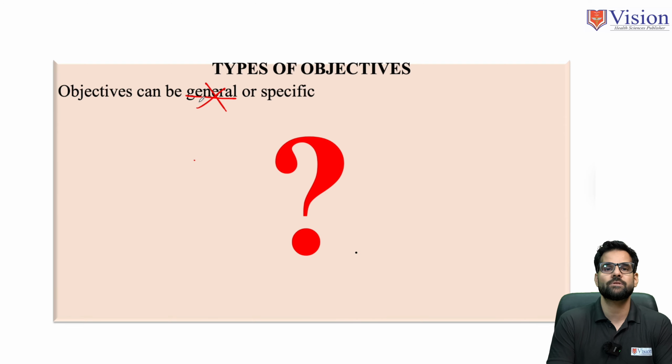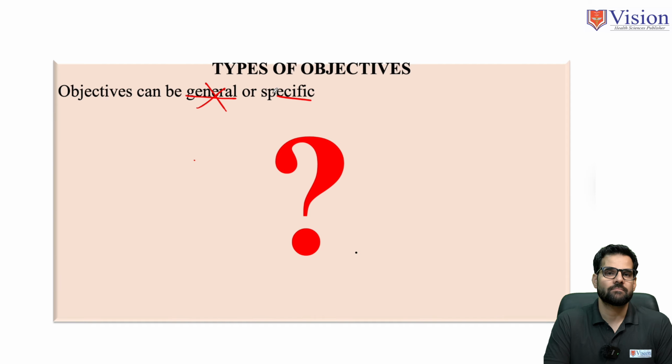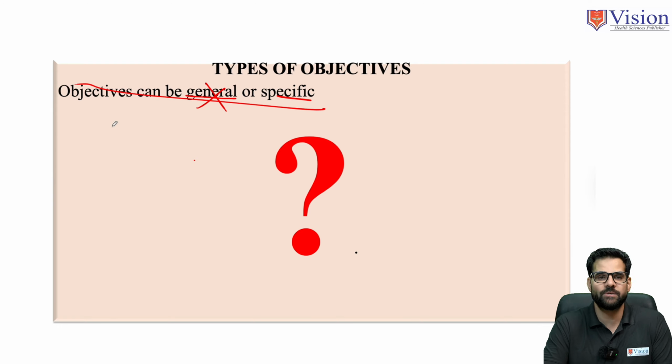An objective is never general, because the very feature of an objective is that it should be specific, attainable, measurable, and relevant. So if something is very specific, then you cannot make it a general objective. If you ever make a general objective, it will not be measurable. You can say that is the aim of your research or something. So as for me, there is no type of objectives. Objectives are just specific ones.